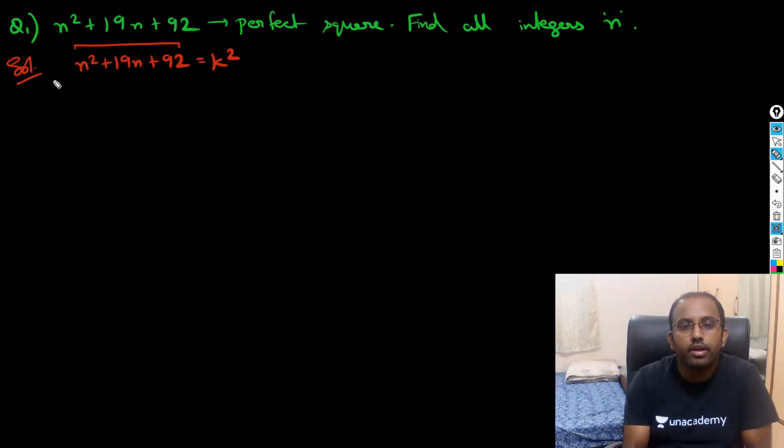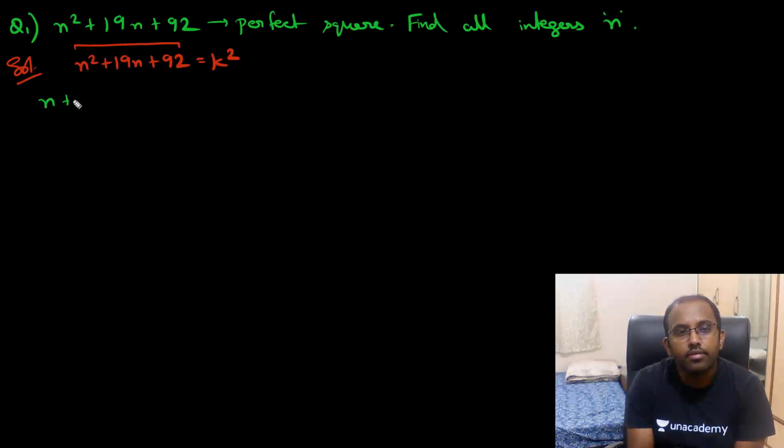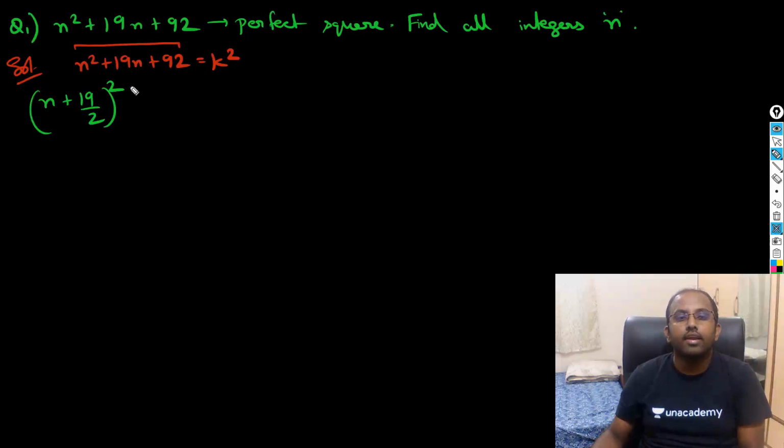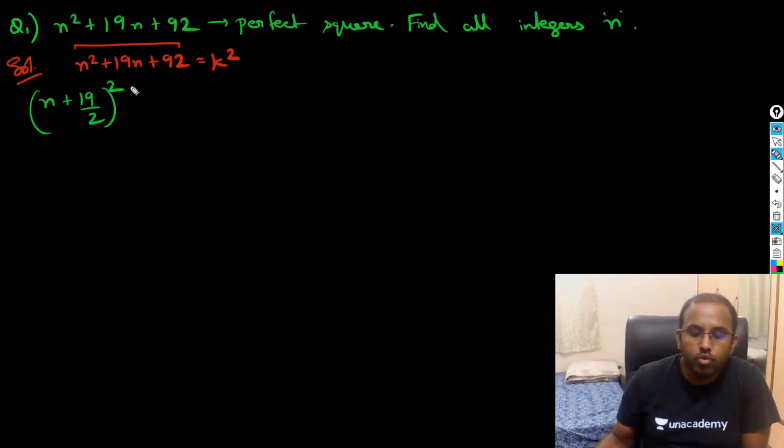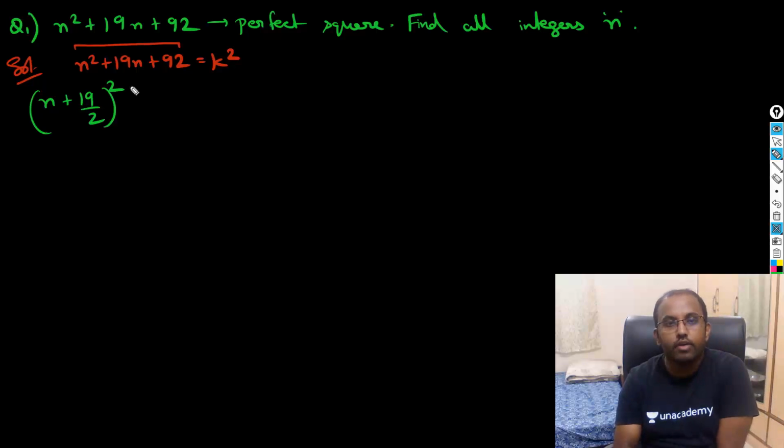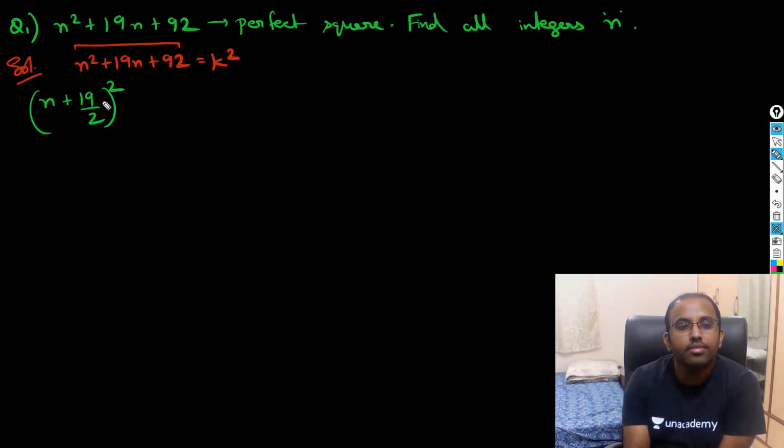So now, n plus 19 by 2 whole square I can write, and this gives n square plus 19n plus 19 by 2 whole square. If I've added 19 by 2 whole square here, I should subtract 19 by 2 whole square also, and already there is 92 here.